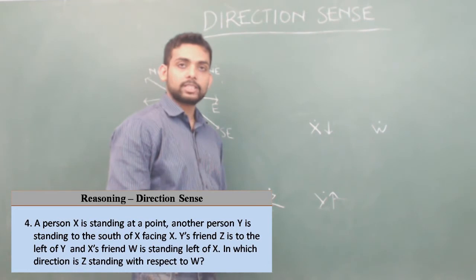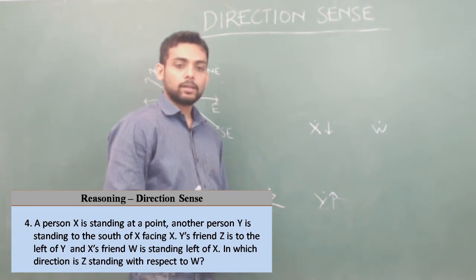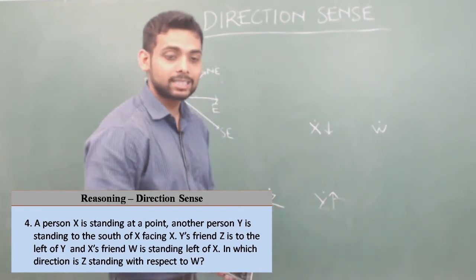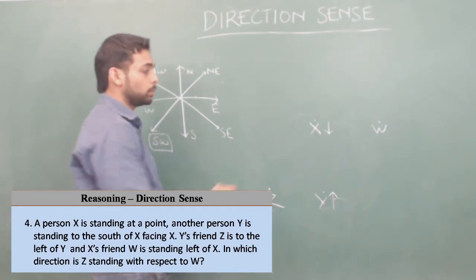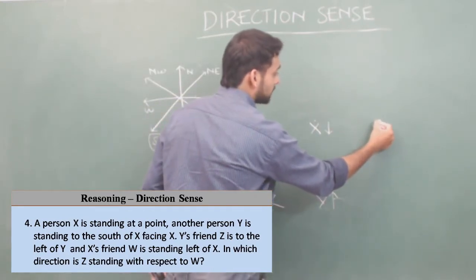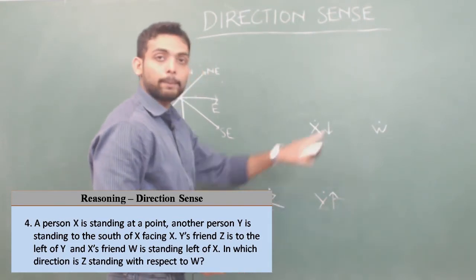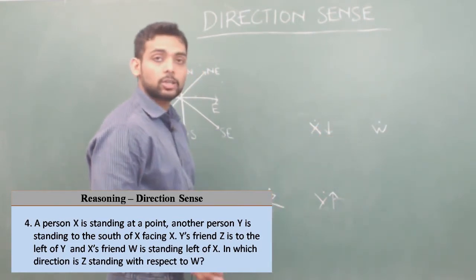Now the question goes on to say, in which direction is Z standing with respect to W? So considering W as our ground zero, what is the direction of Z compared to W? What is the direction of Z?